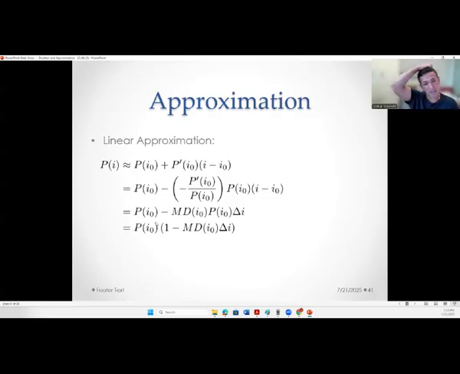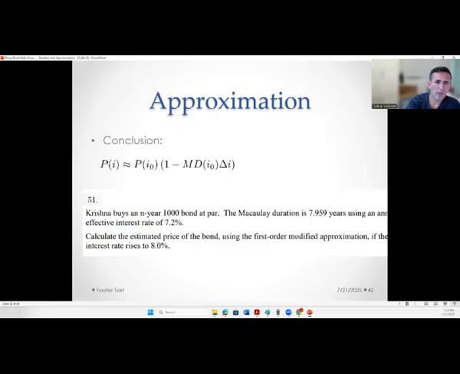And we have this nice, easy peasy formula: if we have an interest rate change from I0 to I, then roughly the new price is the old price times 1 minus modified duration times the change in interest rate.